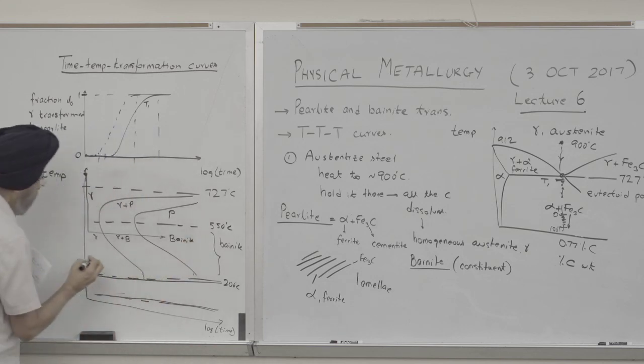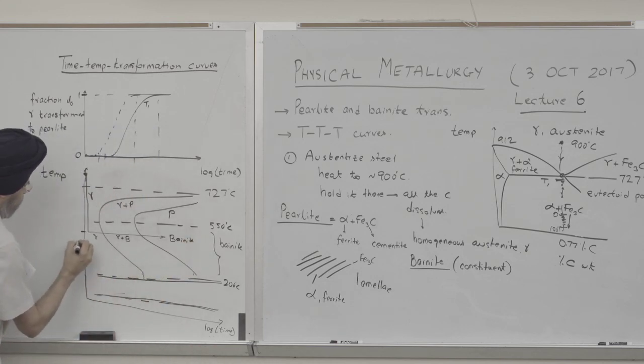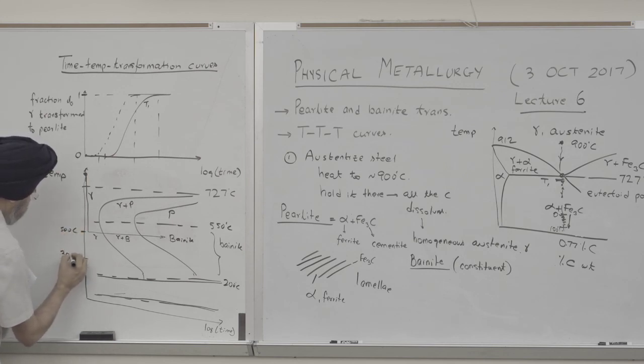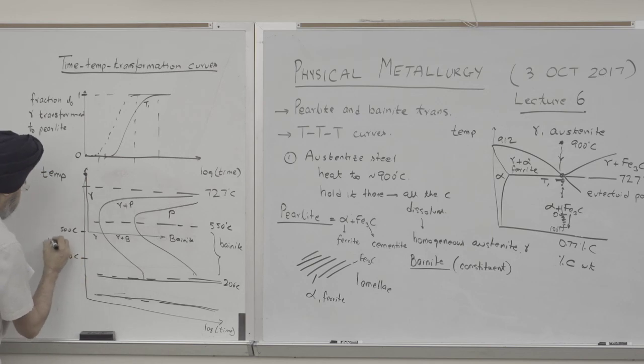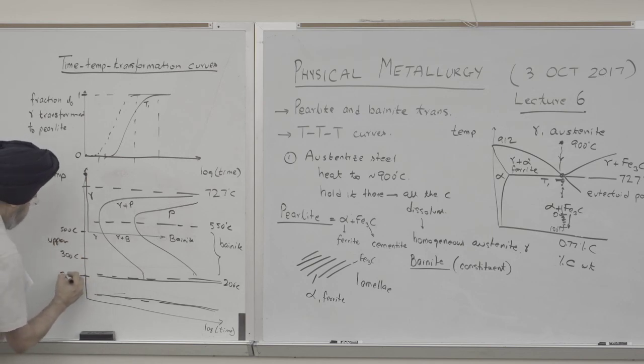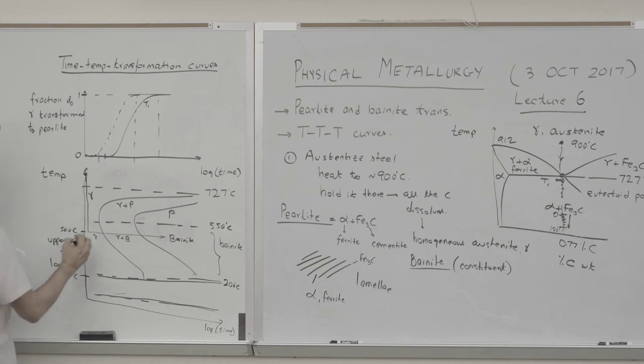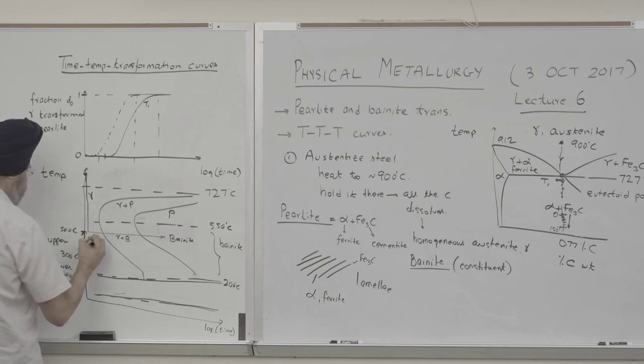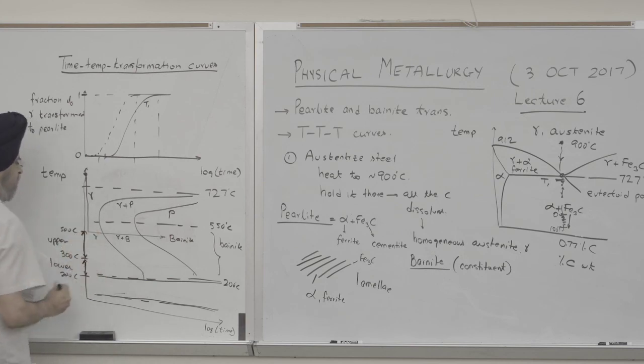And we already talked about from 500 C to about 300 C, it's upper bainite. From 300 to 200 C, it is lower bainite. So bainite has two structures, upper bainite and lower bainite.